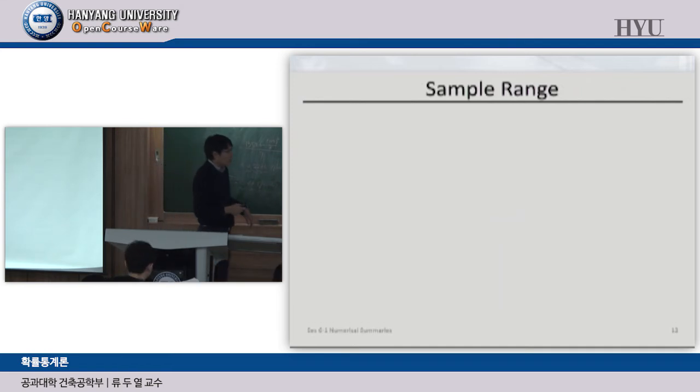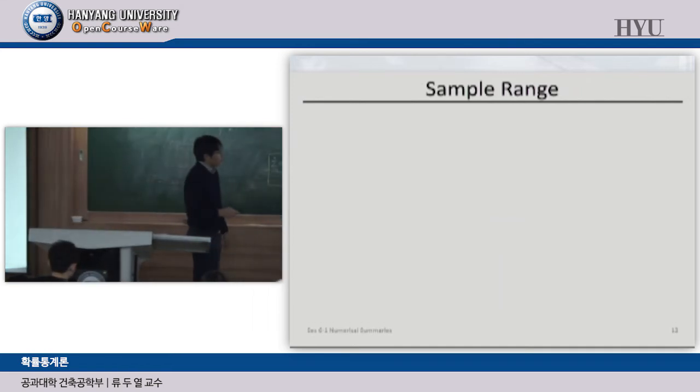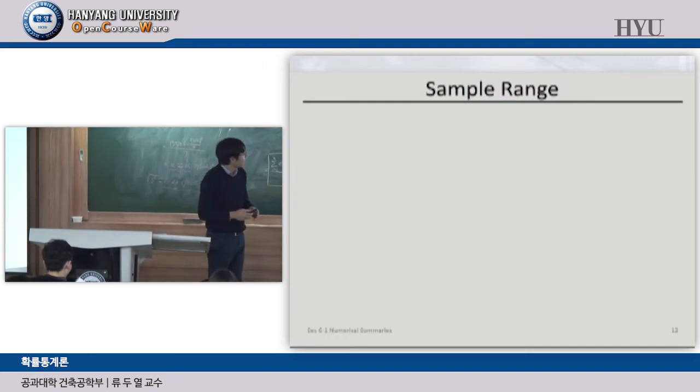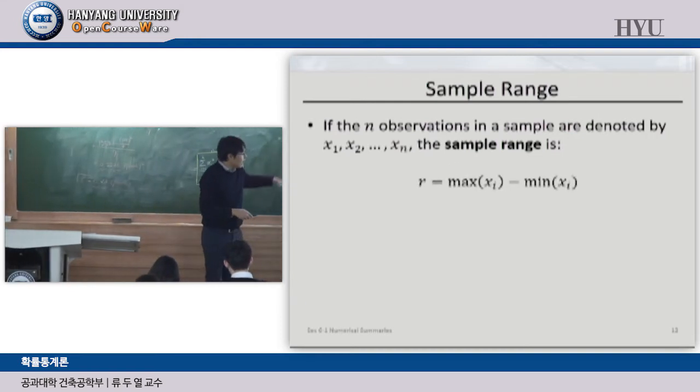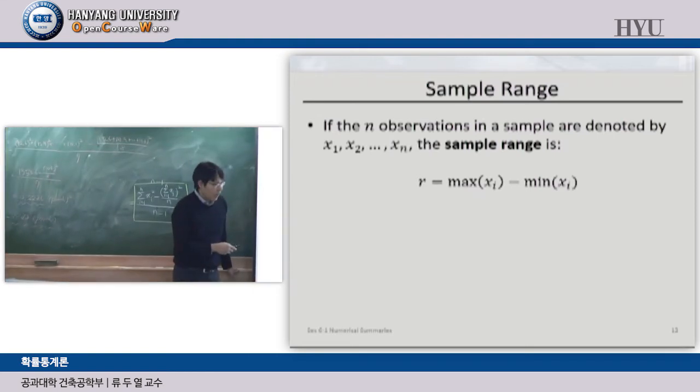And now we are going to discuss the sample range. If the n observations in the sample are denoted by x1, x2, up to xn, the sample range is given by the following equation. We can say that is R, okay? R is equal to the maximum value of xi minus the minimum value of xi, okay?